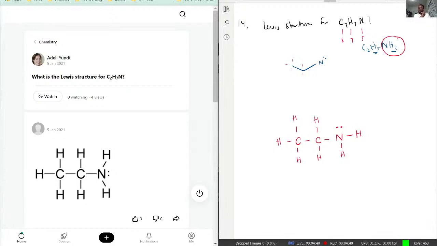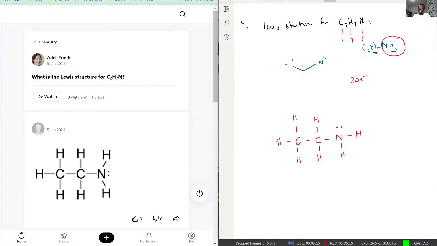So 7 plus 5 is 12, plus 8, that's 20 electrons total. Here we have 1, 2, 3, 4, 5, 6, 7, 8, 9 bonds and 1 lone pair. So that's 10 pairs in total, which is indeed 20 electrons. So that part's satisfied. But what about the octet rule? With a quick glance, for the 2 carbons and nitrogen, that is also satisfied.